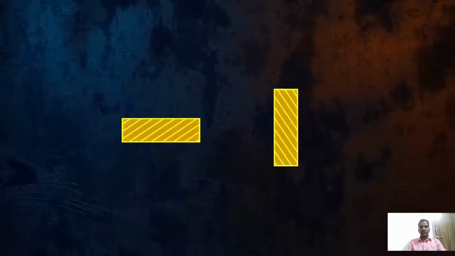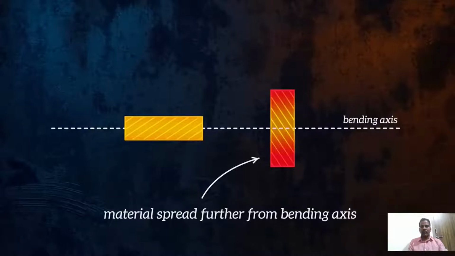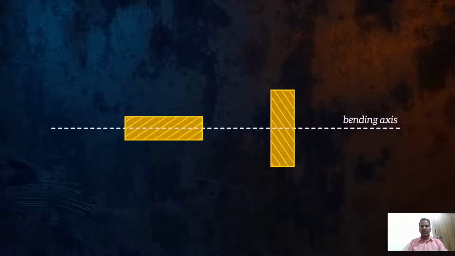Both are having the same cross sections, but away from the bending axis, the mass of the area is more in the right side cross section. If you look at the right side cross section, more mass is spread away from the bending axis, but at the left, less mass is available.